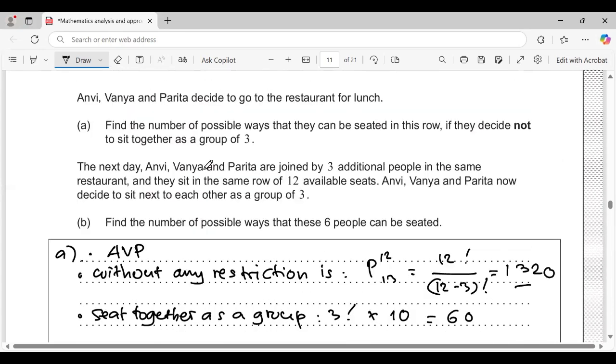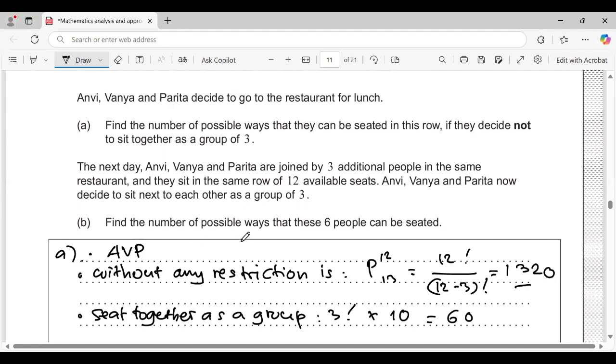B. The next day, Anfi, Fanya, and Parita are joined by 3 additional people in the same restaurant, and they sit in the same row of 12 available seats. Anfi, Fanya, and Parita now decide to sit next to each other as a group of 3.